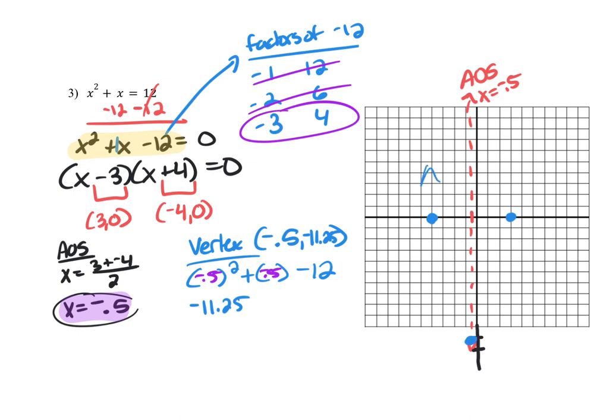And I can now connect those with a U. And now it's graphed, okay? And again, my solutions are always my x-intercept points. So one solution was x equals 3. The other solution was x equals -4. This is just the graph showing the solutions.